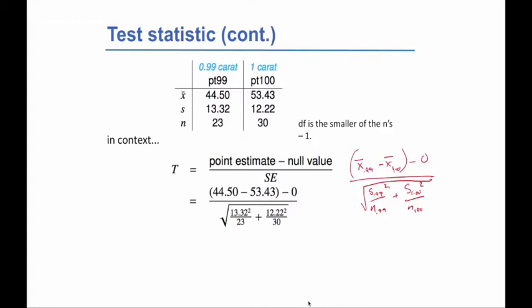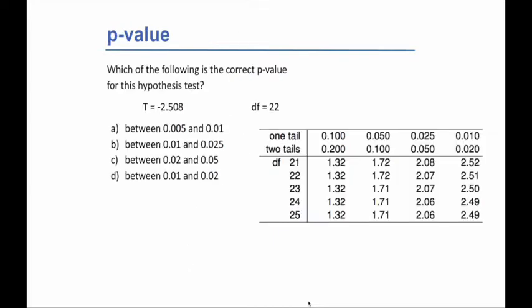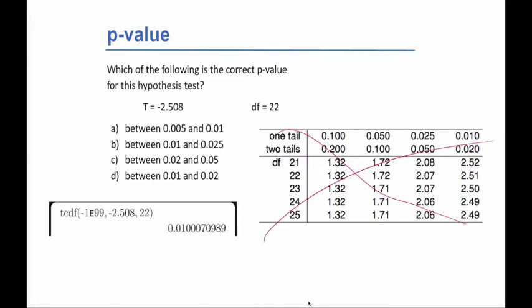And so we plug in for our x bars and our s's and our n's, and we put it all into the calculator, and we get a t-score of negative 2.508. So you can do this on the table, but you're probably going to do it in your calculator.